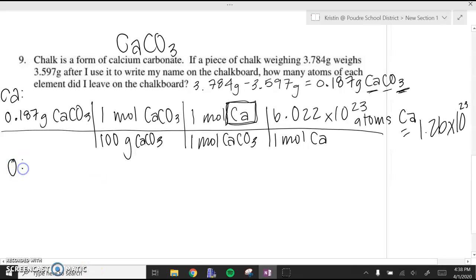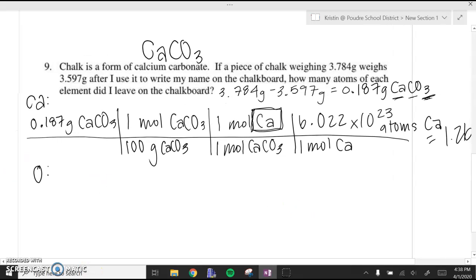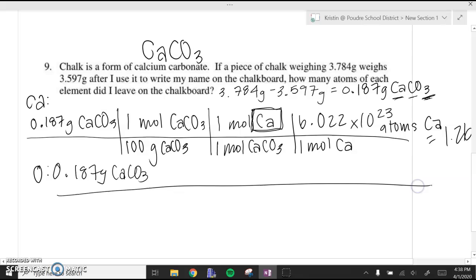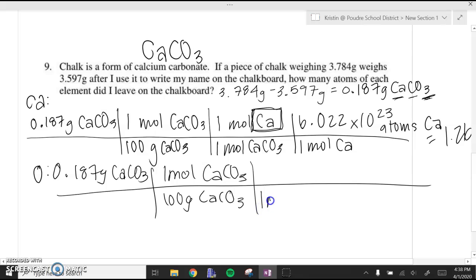If we look at the setup for oxygen, it's going to be basically the same. We're starting in the same spot, so 0.187 grams calcium carbonate. We still need to go grams to moles, so we have 100 grams as the molar mass of calcium carbonate. We have 1 mole of calcium carbonate. And then we're back to this mole to mole ratio where we're showing how many of that particular atom are in the compound.